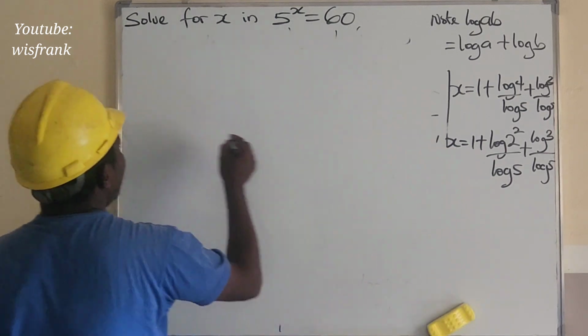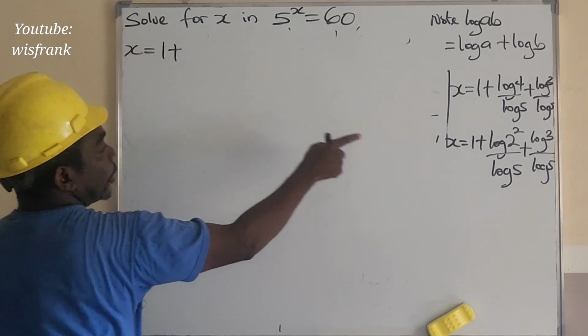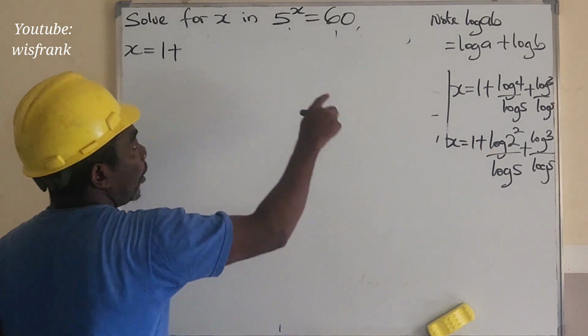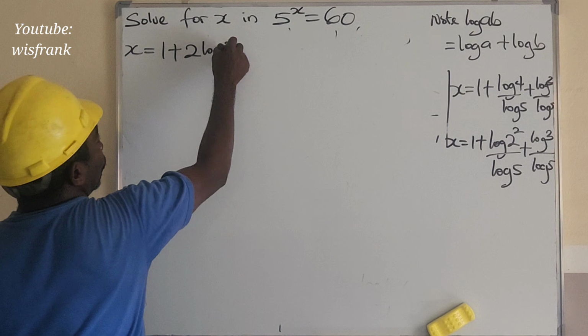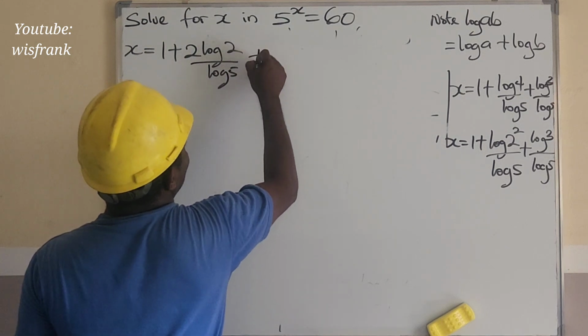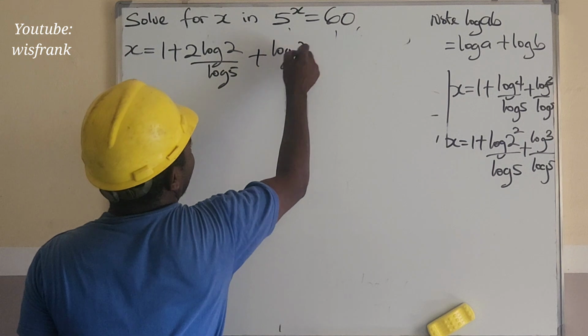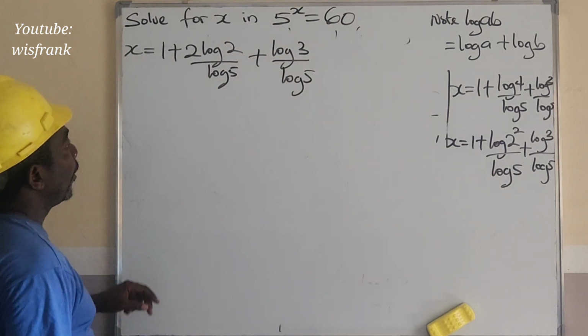Here the value of x will be 1 plus, recalling that expression, that 2 can come to the front. We have 2 log 2 all over log 5, then plus log 3 all over log 5.